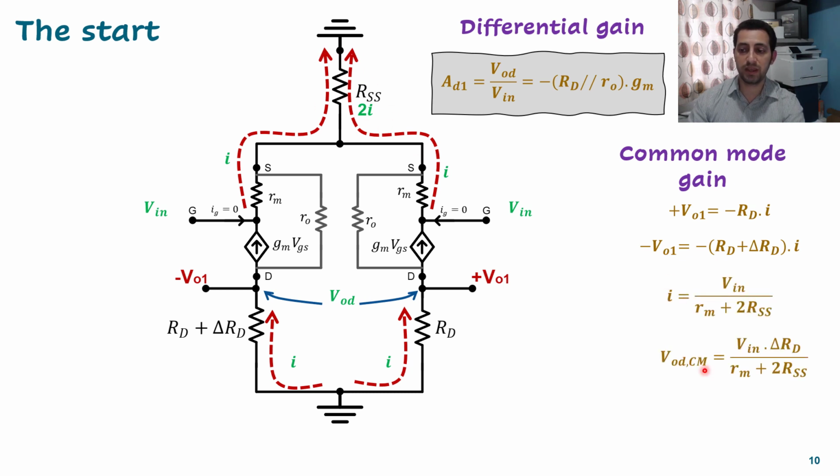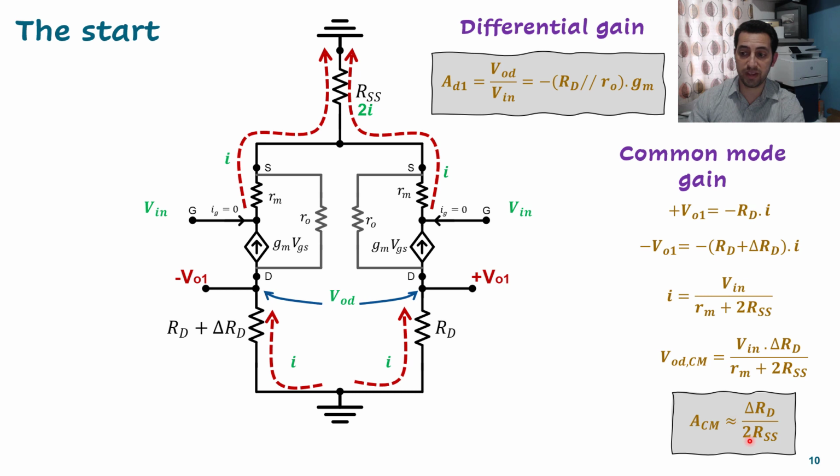So by getting the V output differential due to the common mode value between that terminal and that terminal, we will get this equation, and the common mode gain will be the change in RD divided by 2 RSS. So that describes how much amplification that Vn and that Vn, the noise picked up by this amplifier, will be brought to the output.